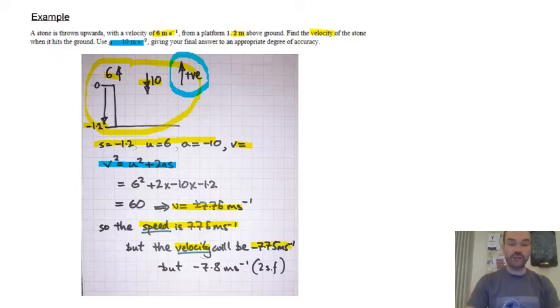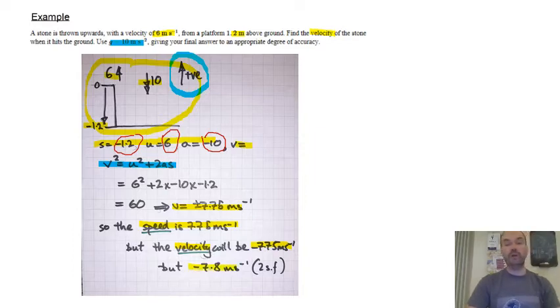The question has values to 2 sig fig, 1 sig fig, and... we know it's 1 sig fig because it's not 9.8. So appropriate this time is 2 sig fig and no more.